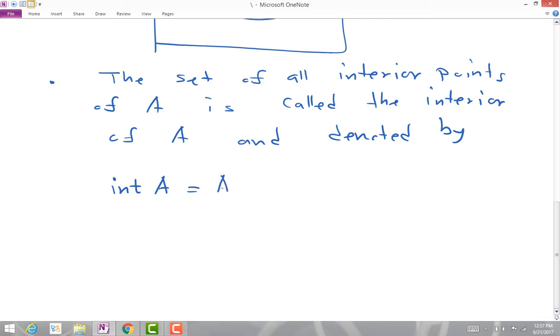Some books they use A with a small o as an index.